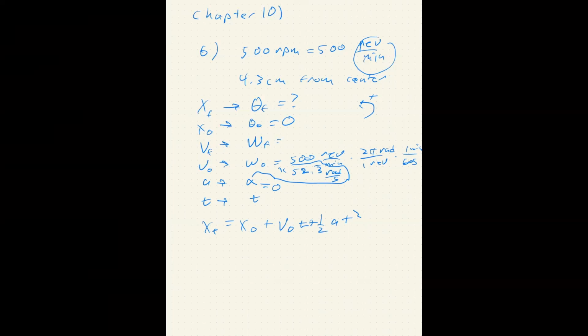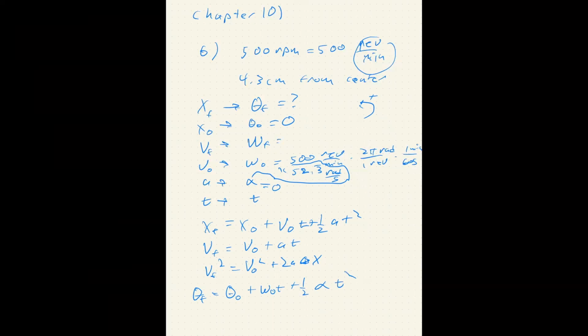We also have V final equals V initial plus A T, and V final squared equals V initial squared plus 2A delta X. If we were converting these into our equations of rotation, this would be theta final equals theta initial plus omega naught T plus 1/2 alpha T squared.